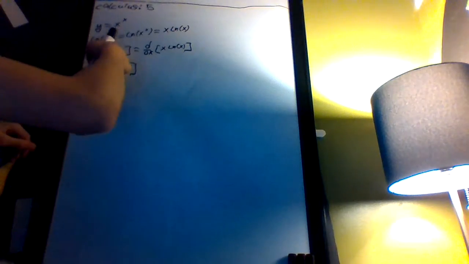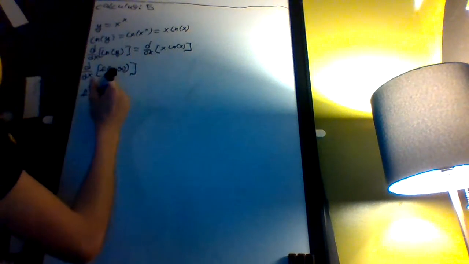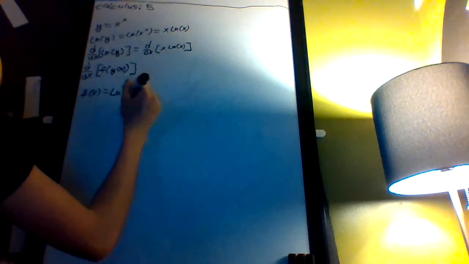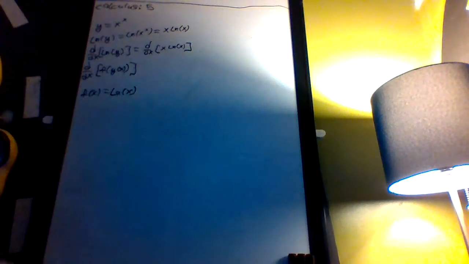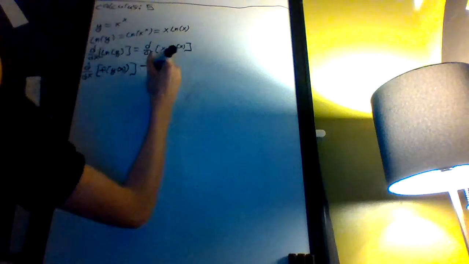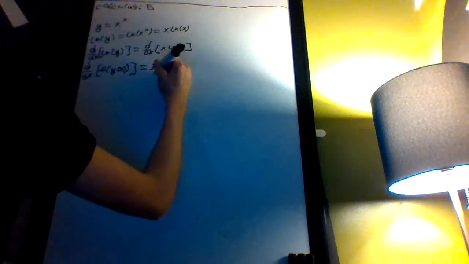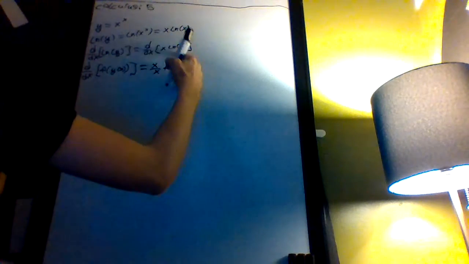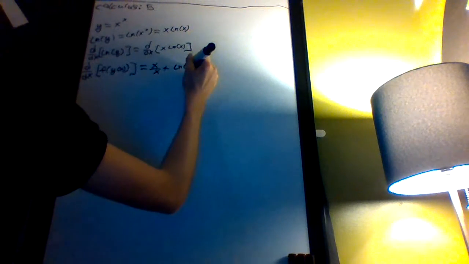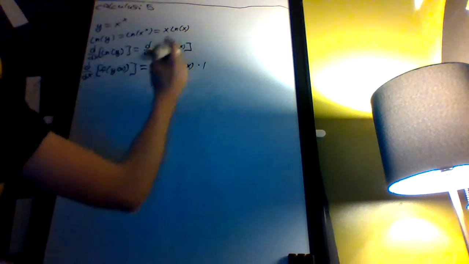And f just happens to be the natural log of x, right? This is f of y of x. Now on this hand, you do the product rule. Left d right plus right d left. 1 plus natural log of x.